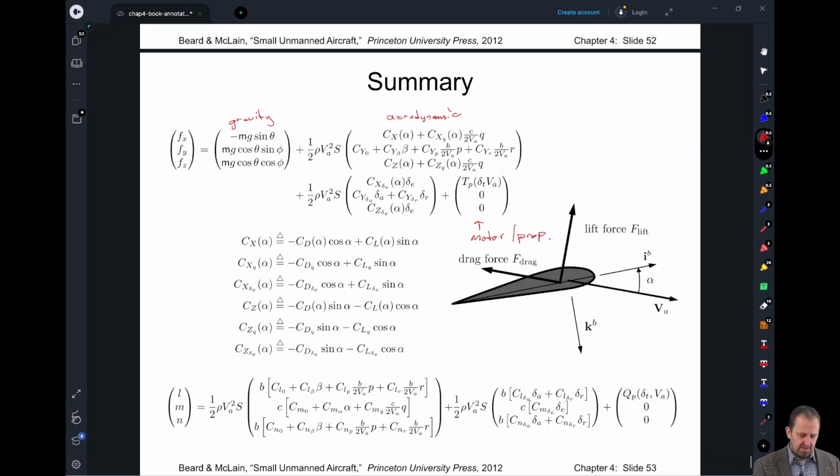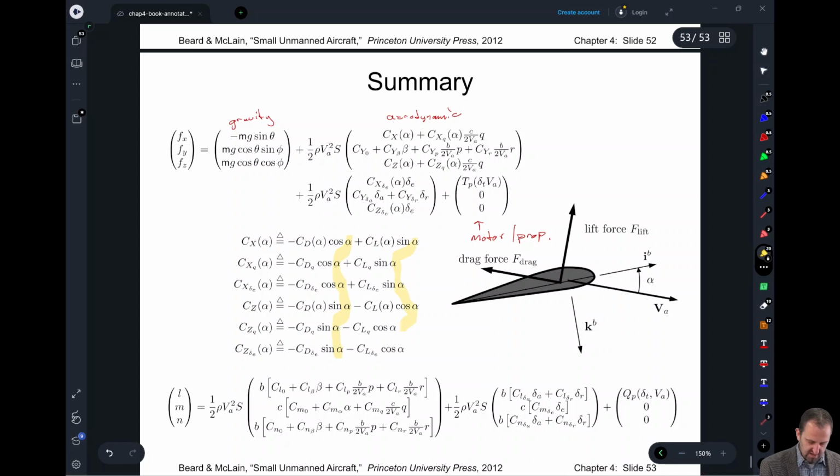Okay, and similarly for the moments, we don't have any gravity effect, but we have our aerodynamic and we have our motor torque. And again, a huge factor in these is we have our angle of attack, and we also have our side slip angle jumping in all over the place.